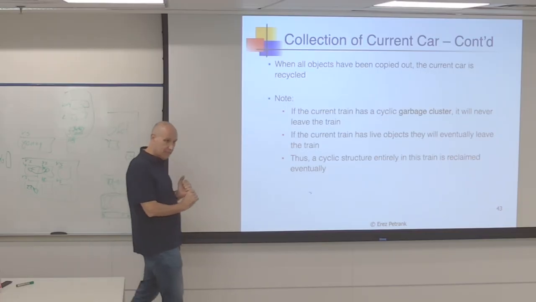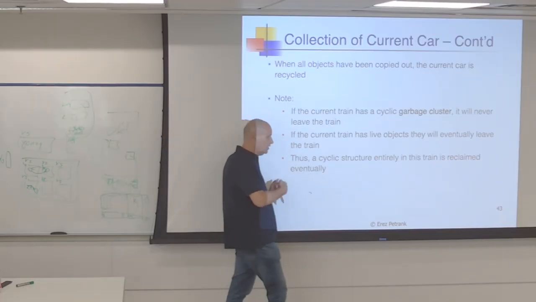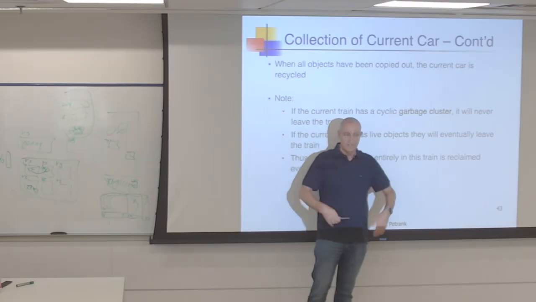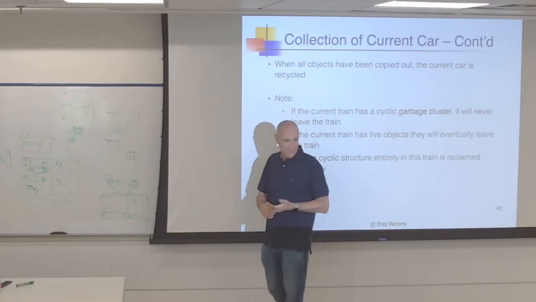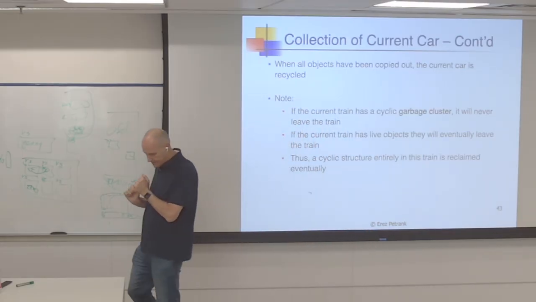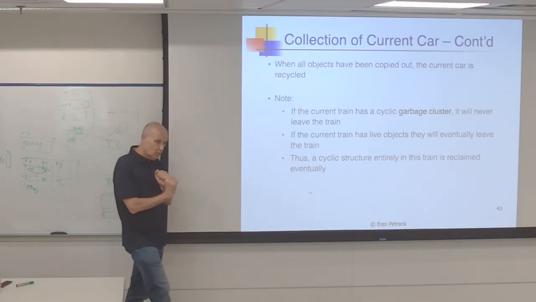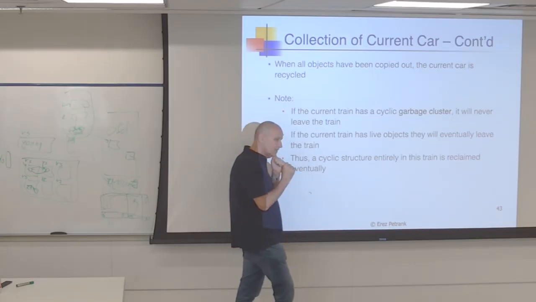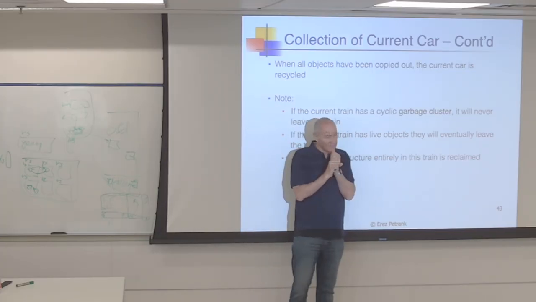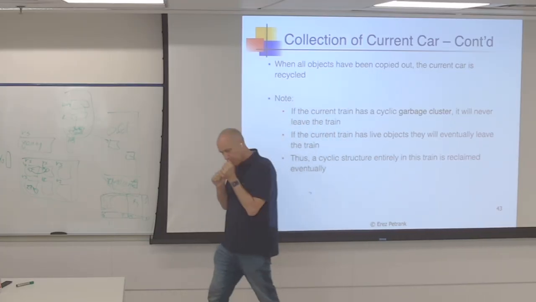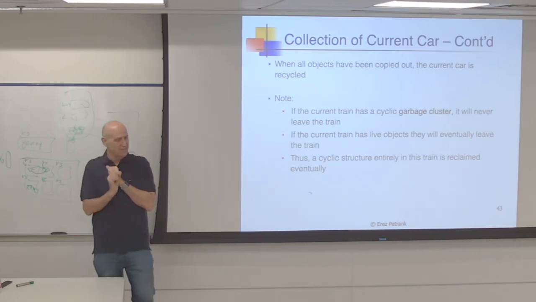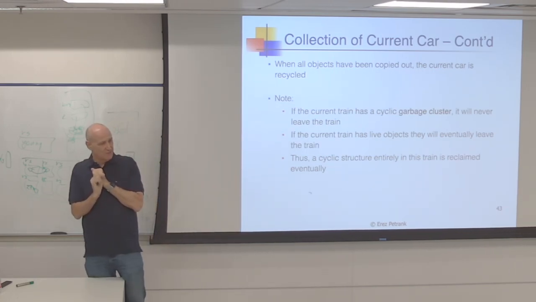So how many times do I need to do car collections in order to get everything out and be left with the cyclic object? That, I think, will be a home exercise. We used to give it, and I'm not sure if we're giving it this year or not, but it's an exercise.